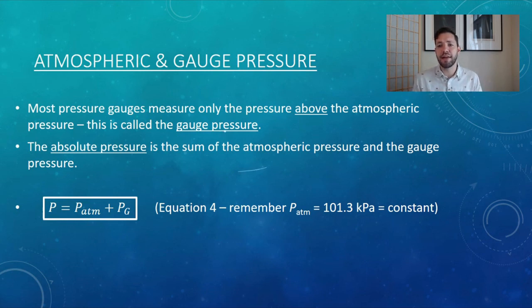If you see that phrase in a question, just keep in mind it's not the total pressure. That total pressure is called absolute pressure. It's the sum of the atmospheric pressure, which is that constant 101.3, and the gauge pressure. So here it is in convenient equation form. And again, just remember that atmospheric pressure is always, always, always going to be this value.